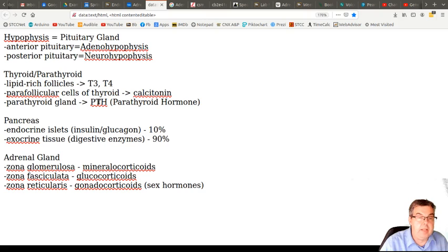The parathyroid gland makes PTH, and these two things, parafollicular cells of the thyroid and parathyroid gland, together are the two sides of calcium homeostasis. Pancreas, lighter staining islets, insulin, glucagon, endocrine function. Darker staining exocrine tissue for digestive enzymes.